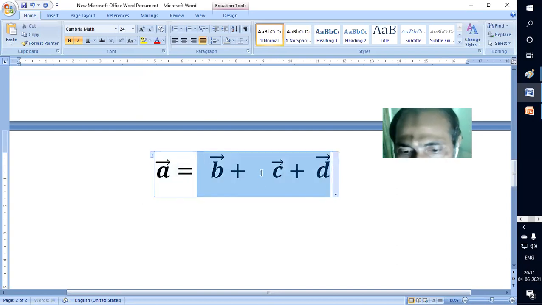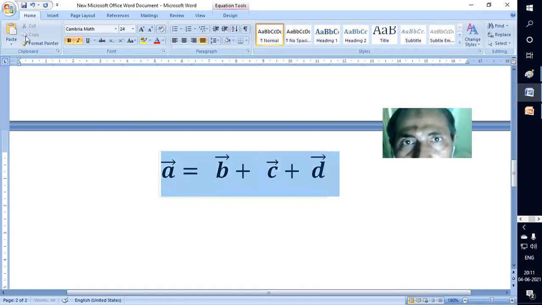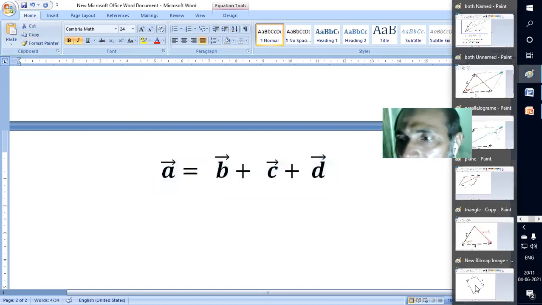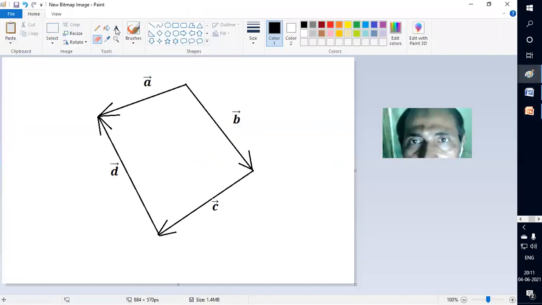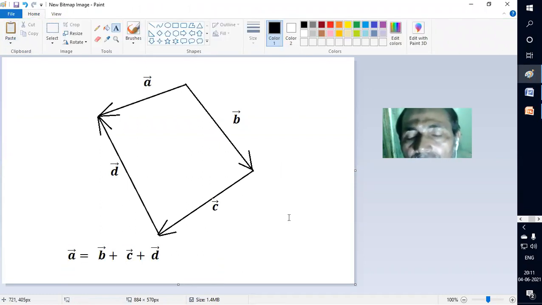This is the equation. So the equation becomes like this. Let's write the equation here. See here, this is the equation.